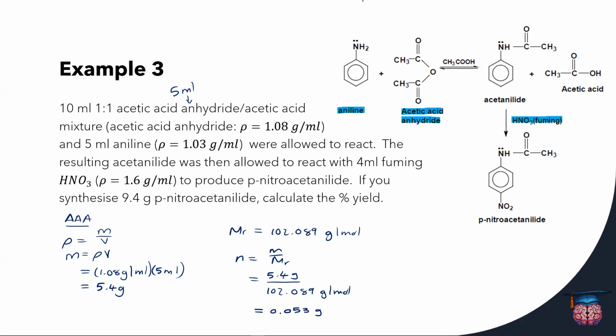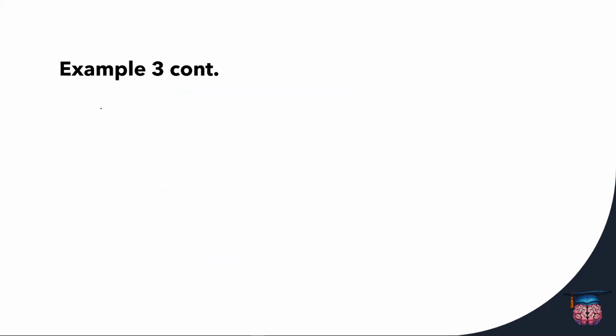Let's next move on to the aniline. So we have 5 milliliters of the aniline at a density of 1.03 grams per milliliter.